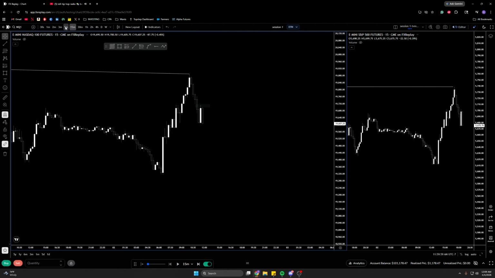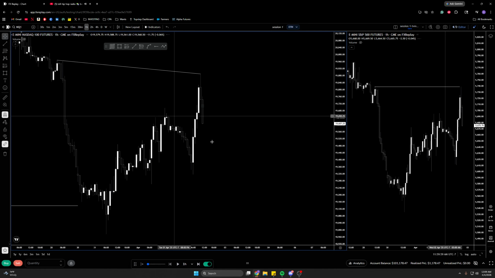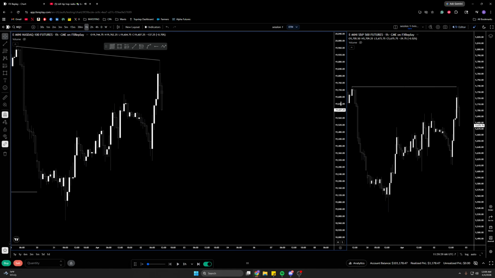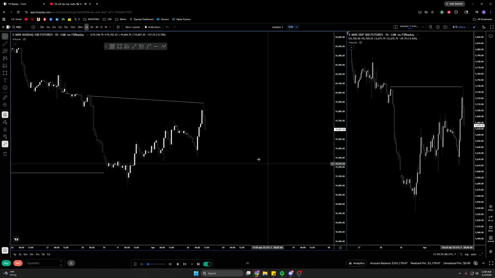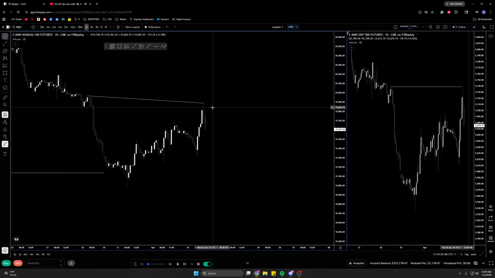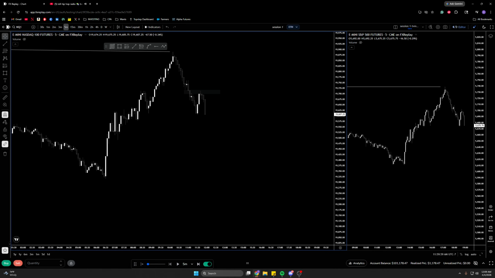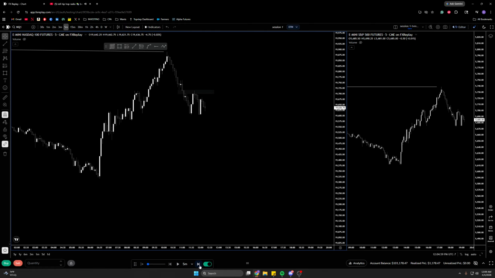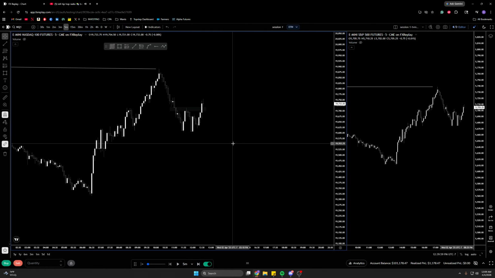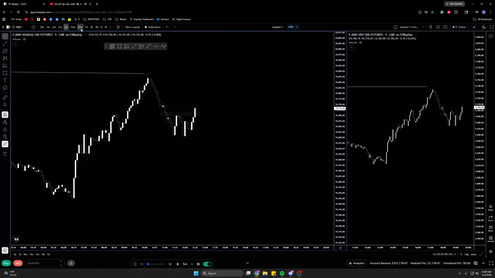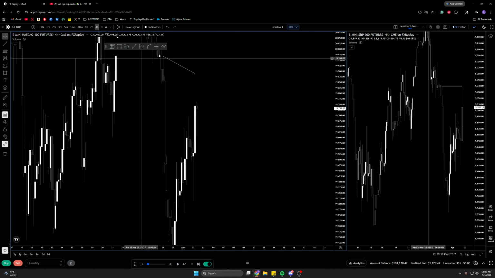It wouldn't be the best in terms of RR. I do see shorts playing out though. Looks like we had some internal manipulation here.